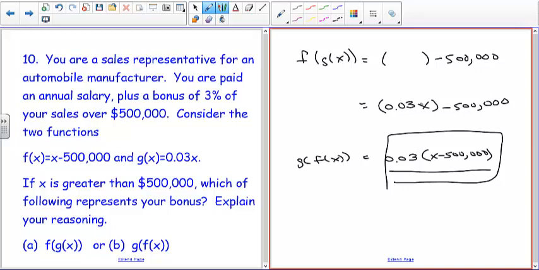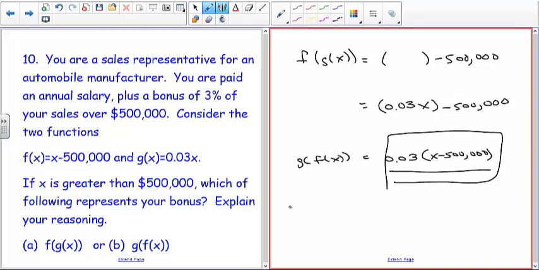Here, you're taking your sales, so if you took $600,000 times 3%, that would be like $18,000. 18,000 minus 500,000 would be a negative number. So that wouldn't make any sense at all. So that's kind of my reasoning. So that's the second one, f of g of x.